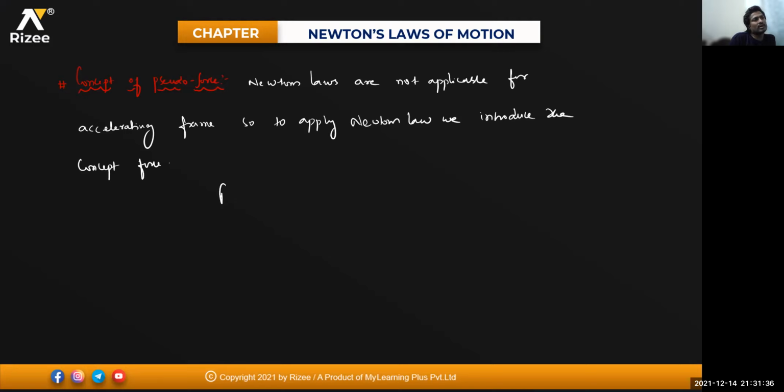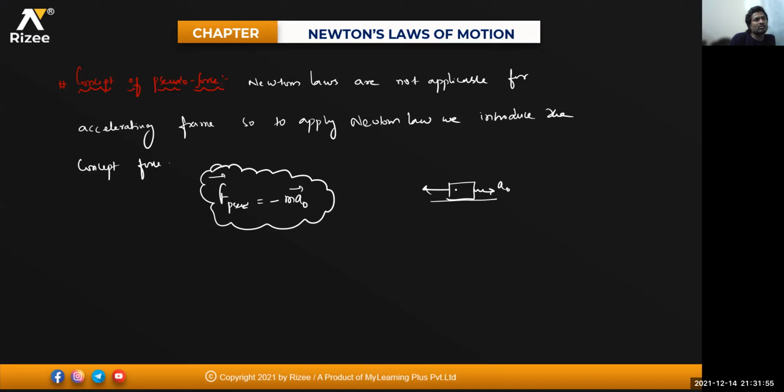F pseudo is equal to minus m into a naught, opposite to the applied acceleration. If the body is moving in the forward direction, if it is an accelerating frame moving with an acceleration a naught, the pseudo force acting on it will be m into a naught in the opposite direction.